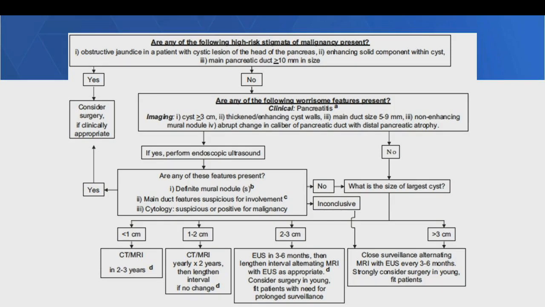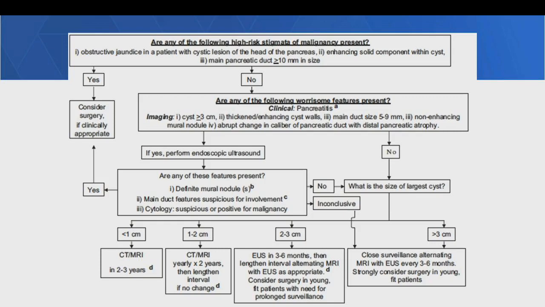Compared to that last table that I showed you, this was the revised version where you essentially had fewer criteria that would warrant immediate resection in good surgical candidates, and a new group of features that were considered worrisome but not ones that mandated surgical resection, again setting up a more sophisticated algorithm of surveillance, arbitrarily divided by different size criteria.